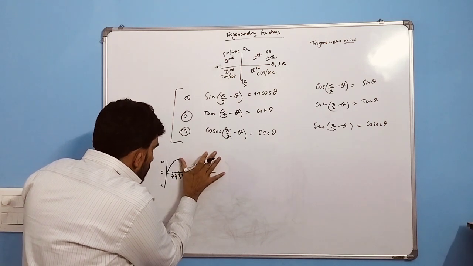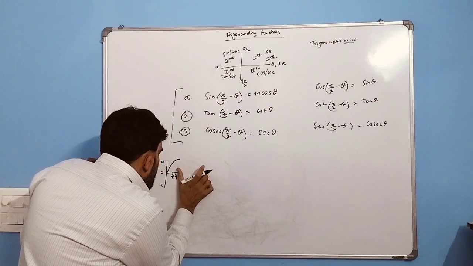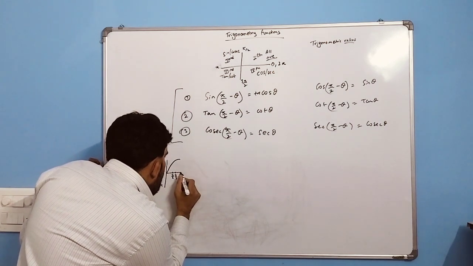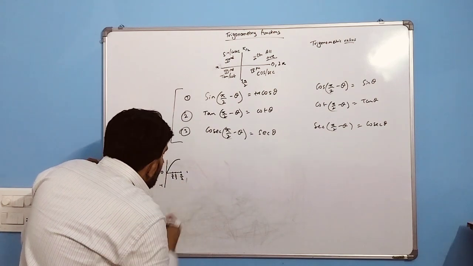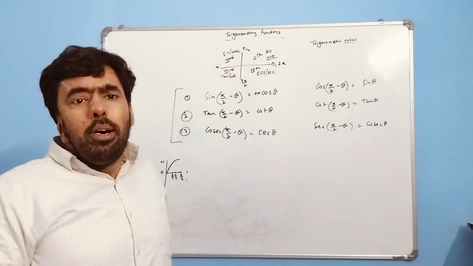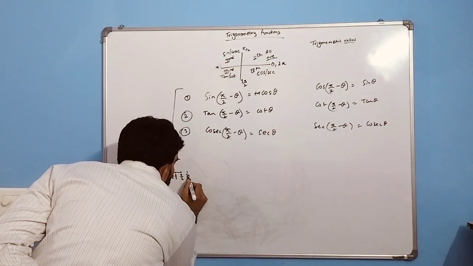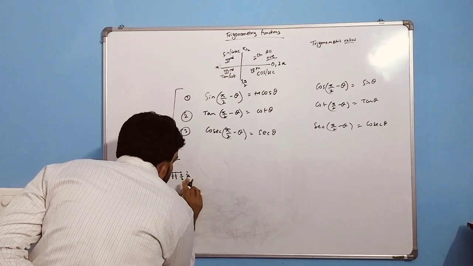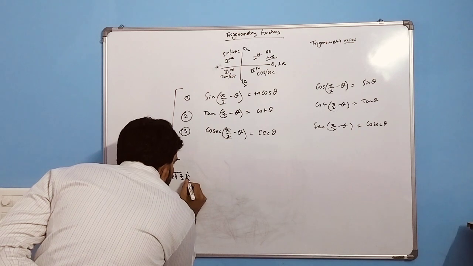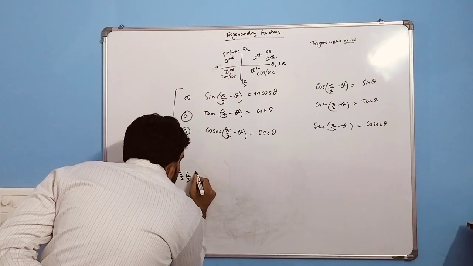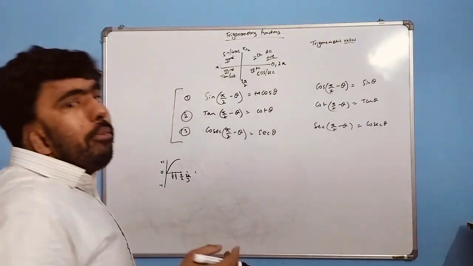We'll make it more clear now. The maximum value is at pi by 2. Then after 90 we have the 120 value. It will be 3 pi by 2. No, it will be 2 pi by 3, sorry. Then after 120 we take the value 150.